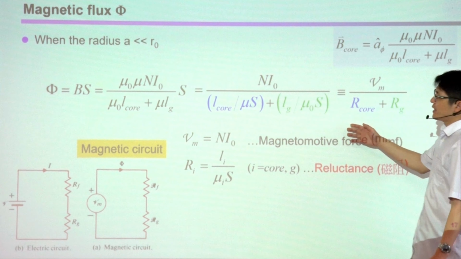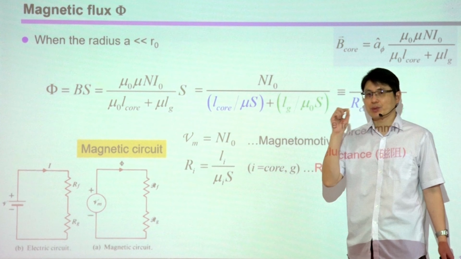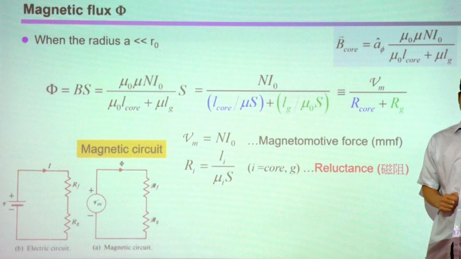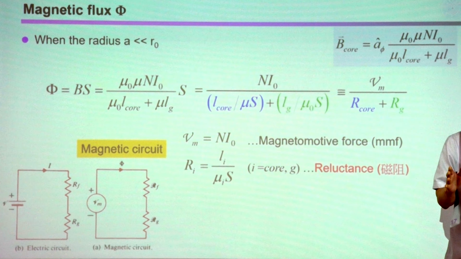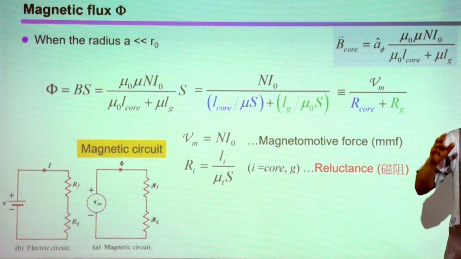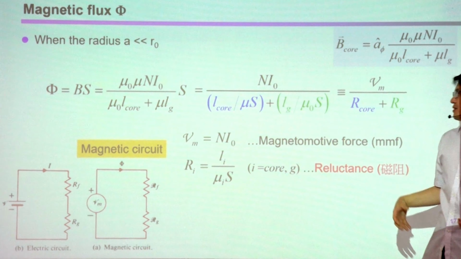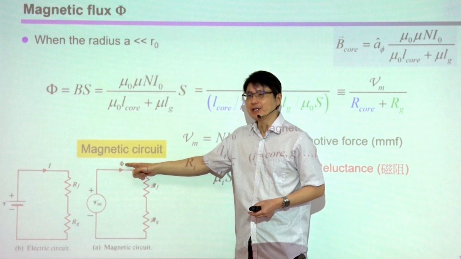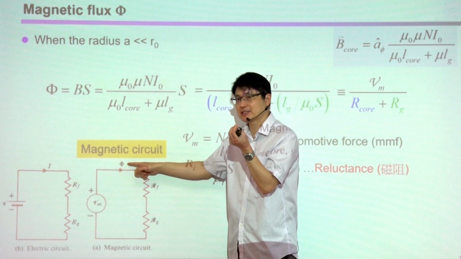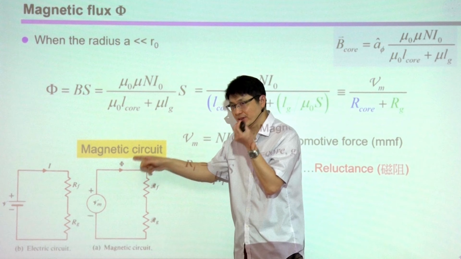So in this case, this Vm, the total number of current turns you have, is called the magnetomotive force. The function is just like voltage. But the way they link between these two magnetic components is through sharing the same number of magnetic field lines, which is quantified by the magnetic flux.